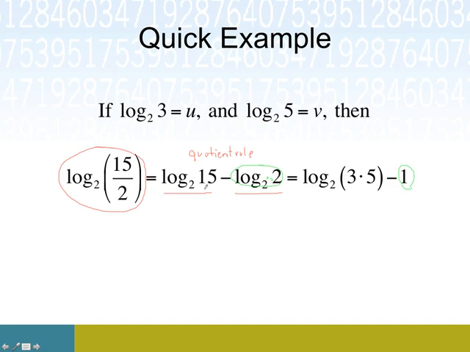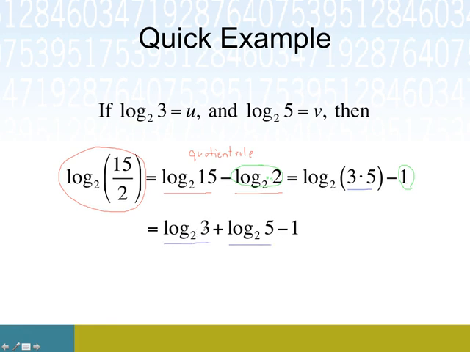And then in the interest of turning this 15 into something more like u's and v's, you might notice that 15 is the same as 3 times 5. There's no log property going on there. We're just rewriting the input, 15 as 3 times 5, which is absolutely its equivalent. But then we've got a situation where the product rule for logarithms could pan out. We've got two things getting multiplied inside of a logarithm. That's the same as having those two things getting added separately.